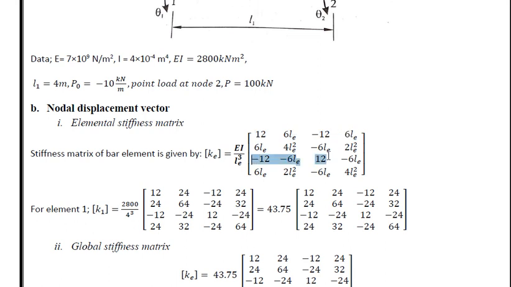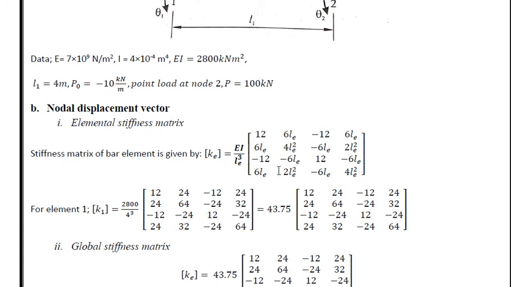Similarly, third row is same as first row but opposite in sign, and third column is same as first column, opposite in sign. 4Le square diagonally here, 2Le square, 2Le square. Le is the length of the element.